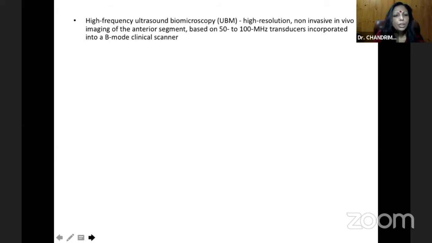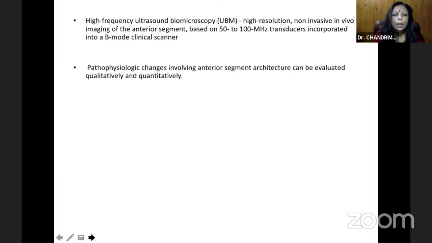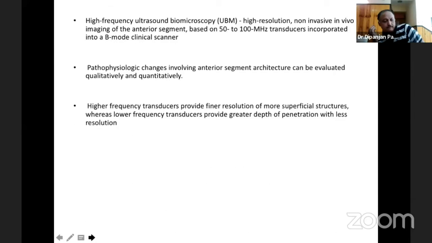So to start with, UBM is a high-frequency ultrasound biomicroscopy, high-resolution, non-invasive in vivo imaging of the anterior segment based on 50 to 100 MHz transducers incorporated into a B-mode clinical scanner. Pathophysiologic changes involving anterior segment architecture can be evaluated qualitatively and quantitatively.